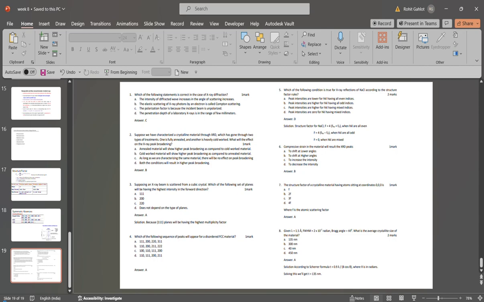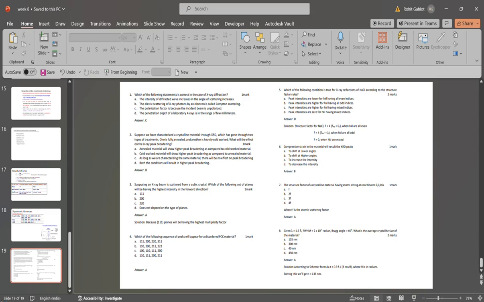Which of the following sequences of peaks will appear for a disordered FCC material? The correct answer will be 111, 200, 220, 311, because the indices are all even or all odd.